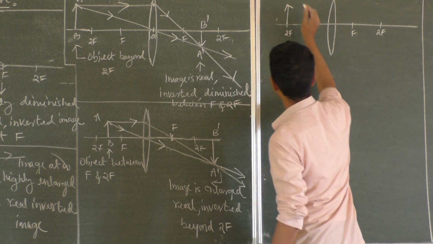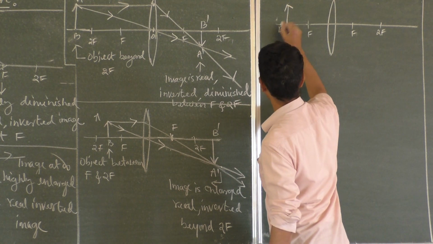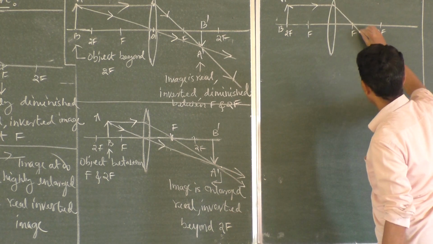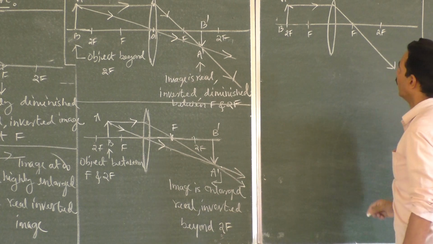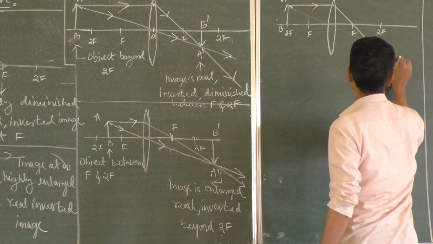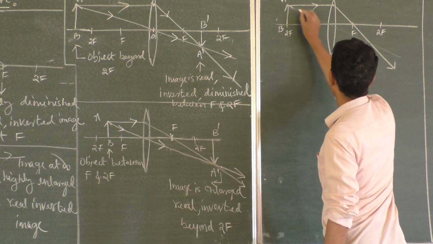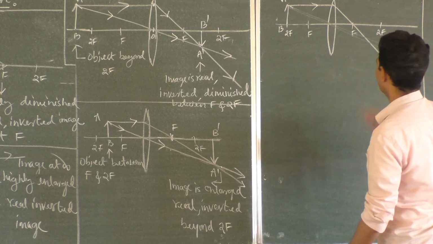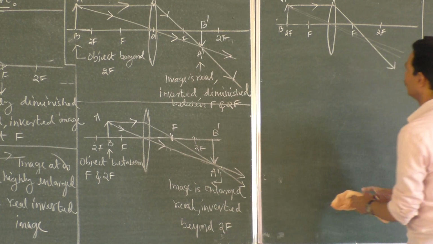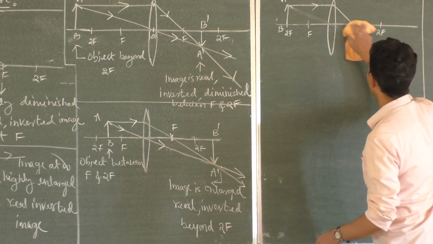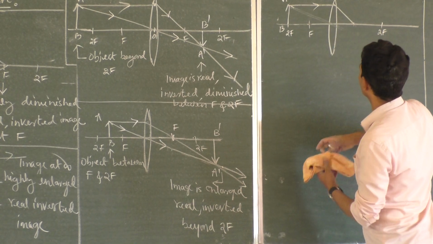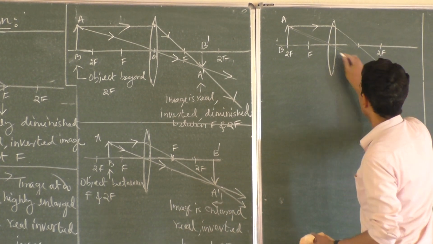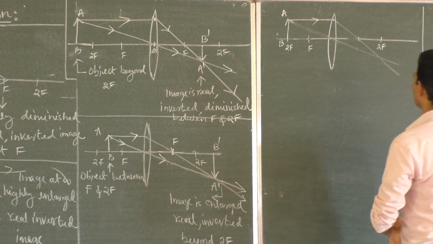So this is one object, and I'll call this AB, and a ray parallel to the principal axis after refraction passes through focus, and another ray passes through the optic center. I'll have to move it in such a way that the image is formed at 2f itself. It is not proper now, so I'll have to shift this. If f is somewhere here, then yes, now it is okay.